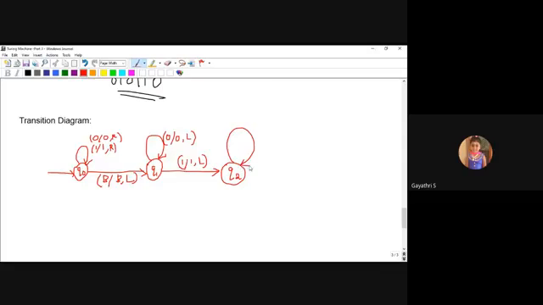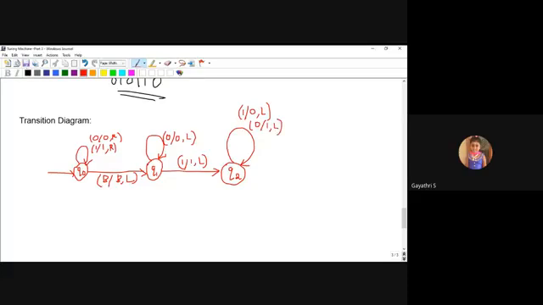Next, the remaining part, take the complement for the remaining part. If you are reading 1, that 1 is replaced by 0 and move left. If you are reading 0, 0 is replaced by 1 and move left.